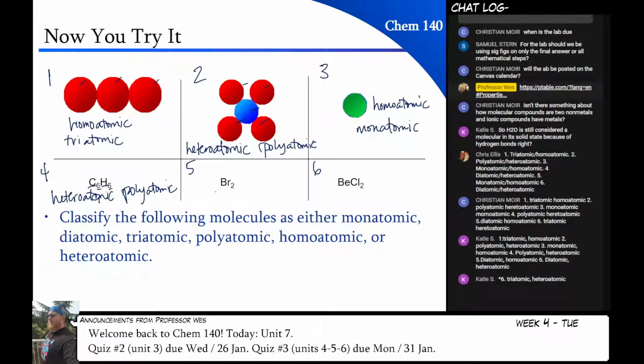Number 5, Br2, there's one type of atom, so homoatomic. And there's two of them, so we'll write that. And then finally, over here, two types of atoms, which is heteroatomic. And then there are three different atoms present, so we would say triatomic.